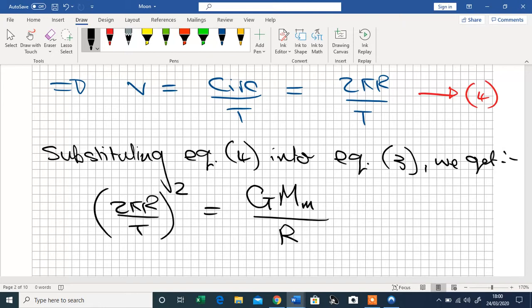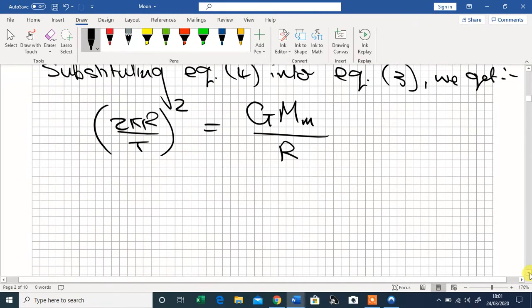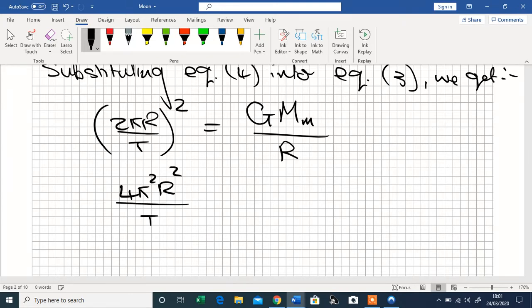So what we can do now is square everything on the left hand side so that we get 4 pi squared r squared over t squared, and that's equal to g big M little m, the mass of the moon, over r.